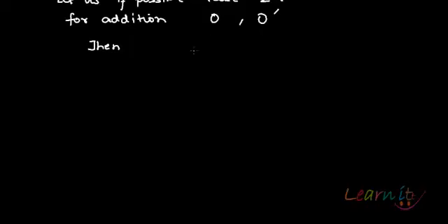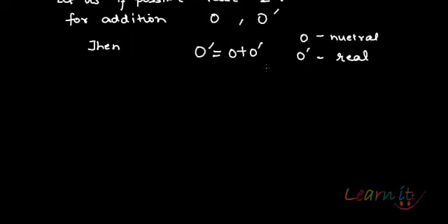Actually 0 is a neutral element, so let me first start with 0 neutral and 0 prime any real. Of course it's a neutral element in the real numbers, so it is a real number also. So 0 prime will equal 0 plus 0 prime.